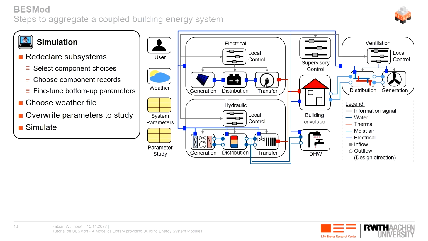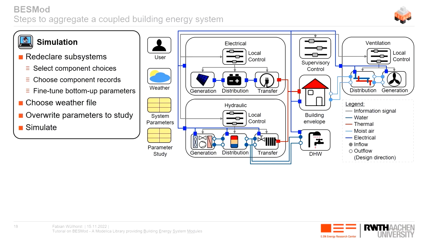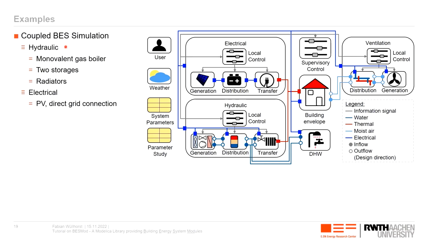And I will now, together with you, compose one system which consists of a hydraulic system with a monovalent gas boiler, 2 storages, so for space heating and domestic hot water, and radiators to transfer the heat to the building.